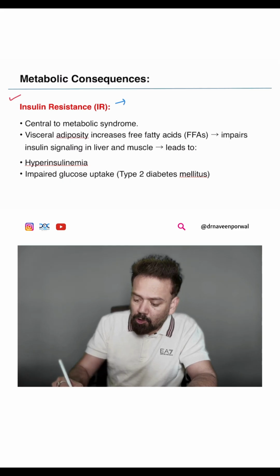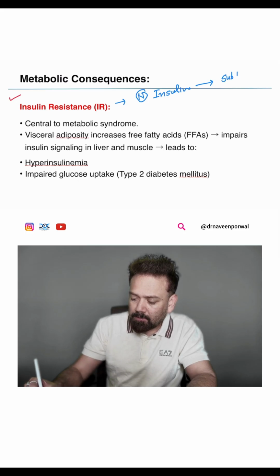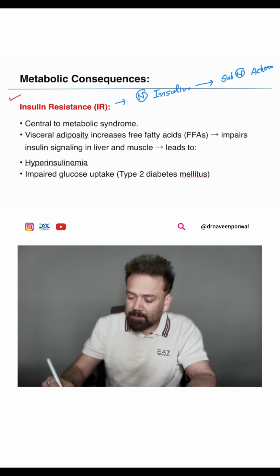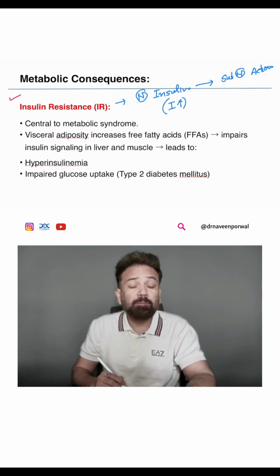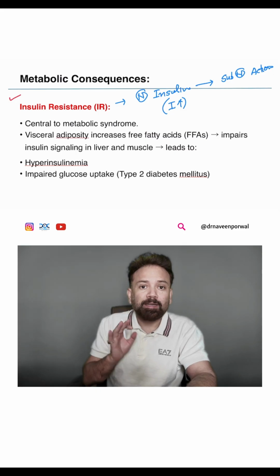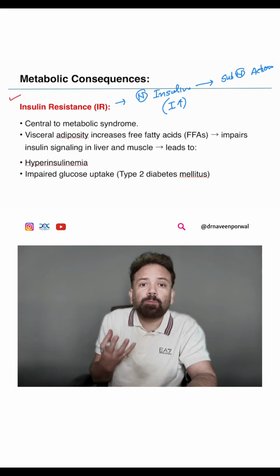Whenever a normal amount of insulin is doing subnormal action, that is not appropriate. That is why insulin starts increasing, called hyperinsulinemia, to perform appropriate action. So in insulin resistance, the receptors are not working properly.